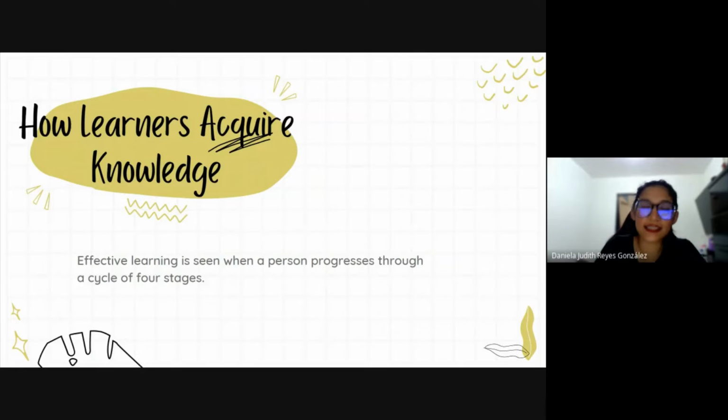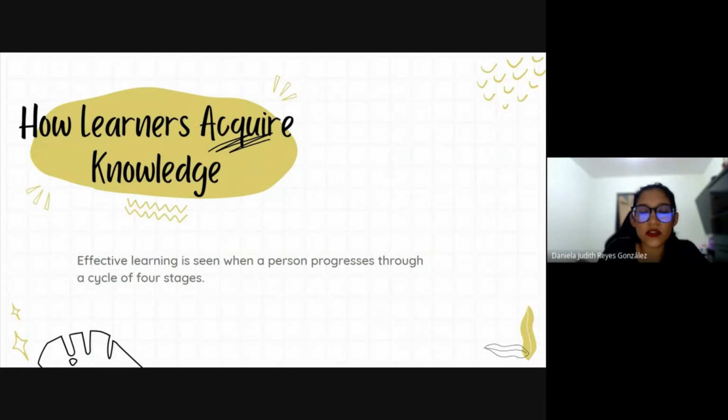Kolb says learning is only effective when the learner is exposed directly to the experiences, and to how they can do something, or how they can start to see how to develop something and acquire new knowledge.